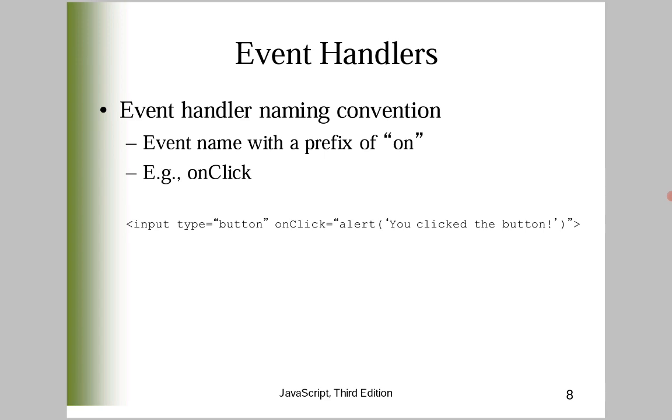So here we may use the syntax like this: input type equals to button, onclick equals to within quotes alert within brackets single quote. So when you click the submit button on the form after filling in the information, that particular alert message will be displayed.